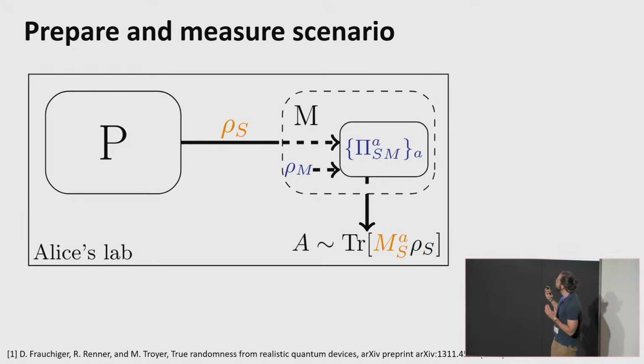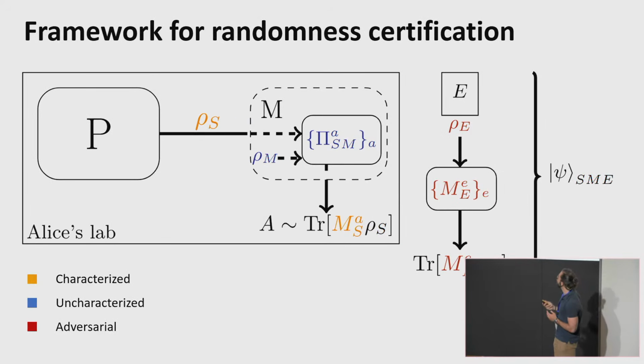And the measurement is a projective measurement that is performed globally over the state rho s and over the state rho m. Then we can also consider that outside the lab there is an adversary that has some system rho e, and that is correlated both with the state rho s and also with the state rho m in such a way that the global state is given by a pure state psi.